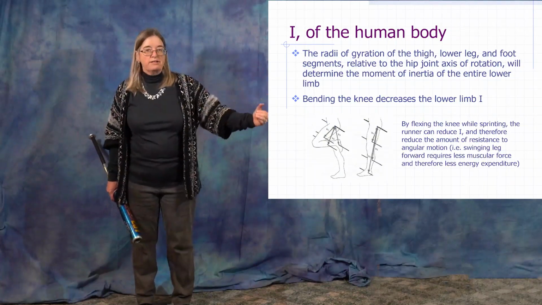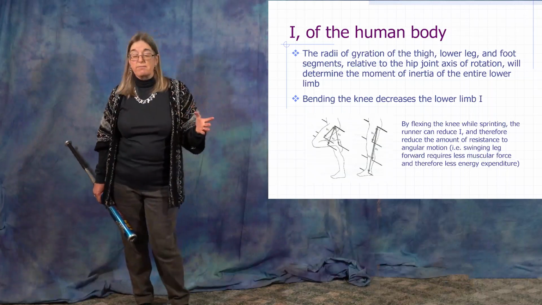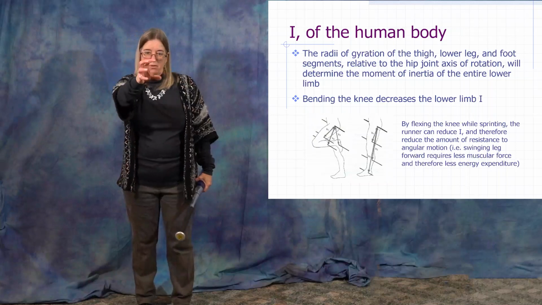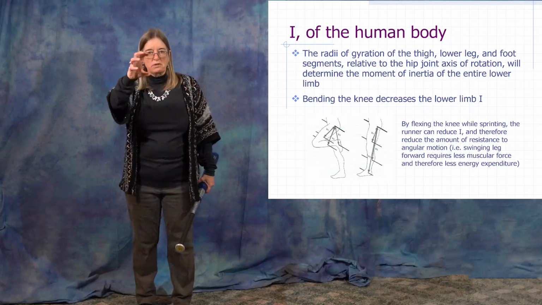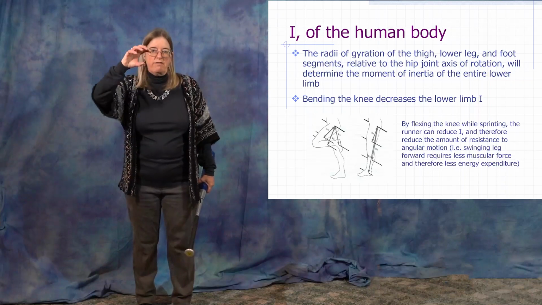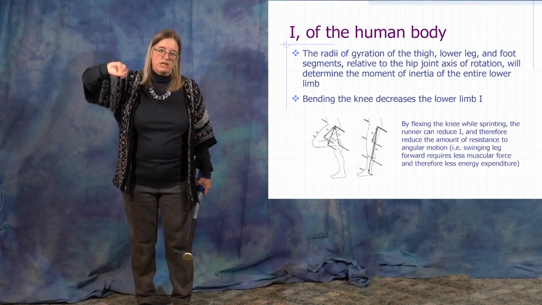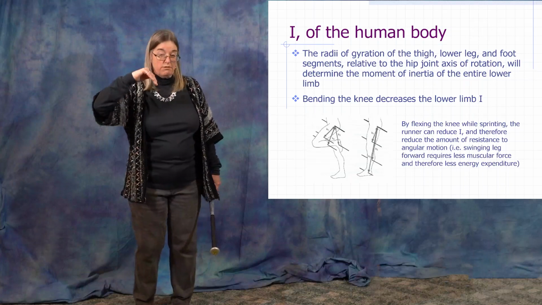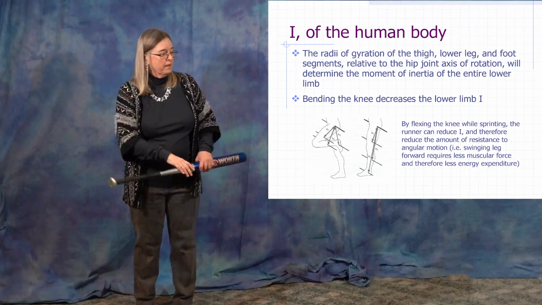If you look at this kind of situation, you have a portion that is the rotation of each segment around its own center of gravity, and then you have a portion that is the radius of the rotation of that segment around the hip. So it's the distance from the center of gravity of each of those individual segments to the hip.